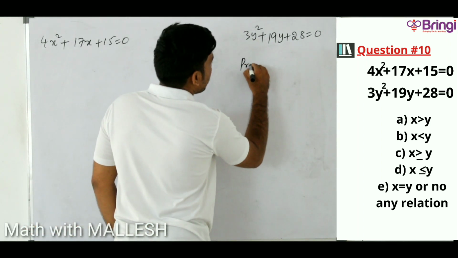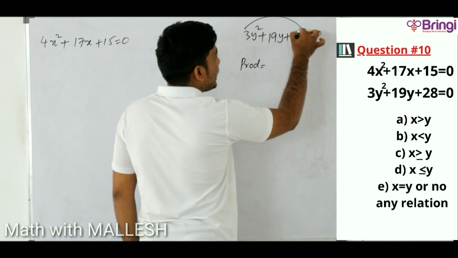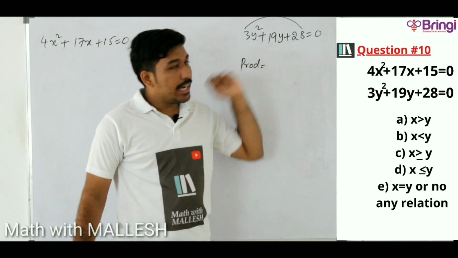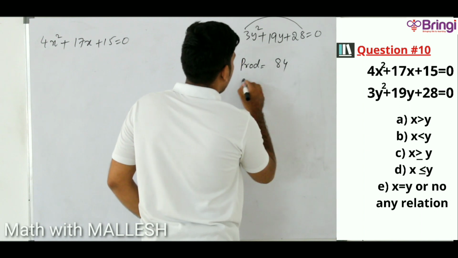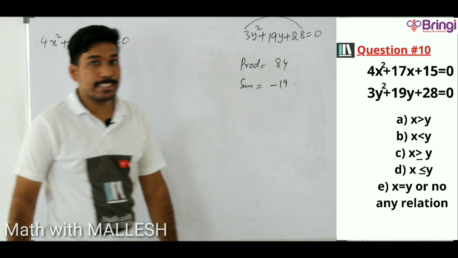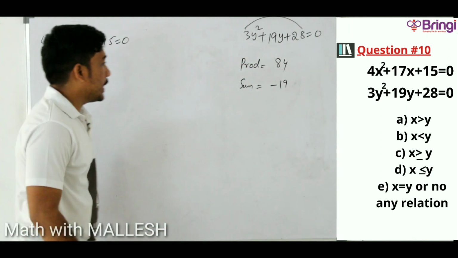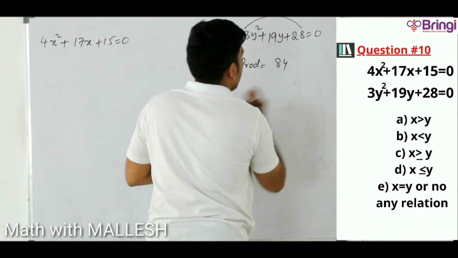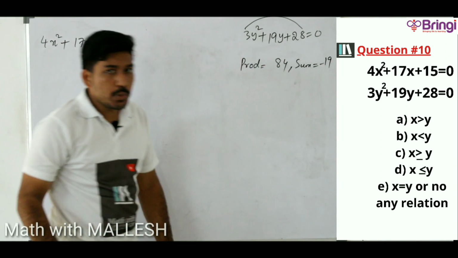First, what we have to take? We have to take the product value. 3 times 28s: 3 twenties are 60 and 3 eights are 24. Total how much? 84. And what is the sum value? Here positive 19 is there. Take negative 19. Sum is equal to negative 19.